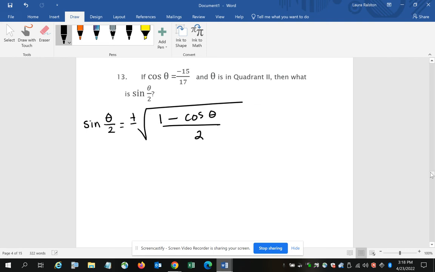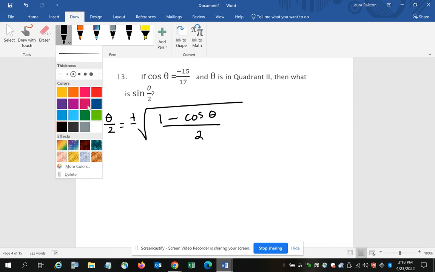So to plug into this formula, I need cosine theta, but cosine theta is given to me. At this point, this one is reasonably straightforward, and I'm simply going to do the substitution.